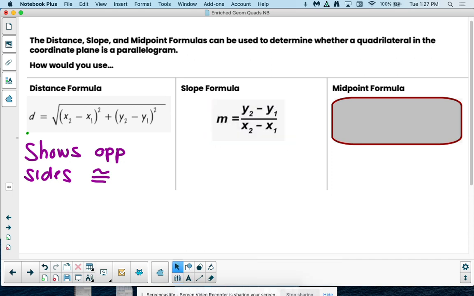We haven't talked about slope in a long time, probably since Thanksgiving. What would slope help you show? Something. What is that something? Parallel. Shows opposite sides are parallel.